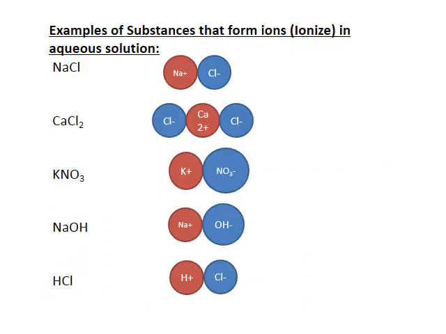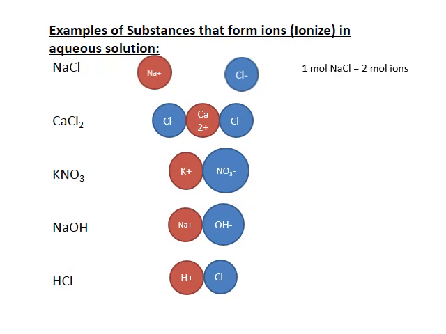Now, in terms of solutes, all solutes aren't created equal. Solutes that contain ions will separate into their ions, so you get more bang for your buck. So if I add 1 mole of sodium chloride to a solution, it's going to fall apart into sodium and chloride ions separately. So 1 mole of sodium chloride provides 2 moles of solute particles.